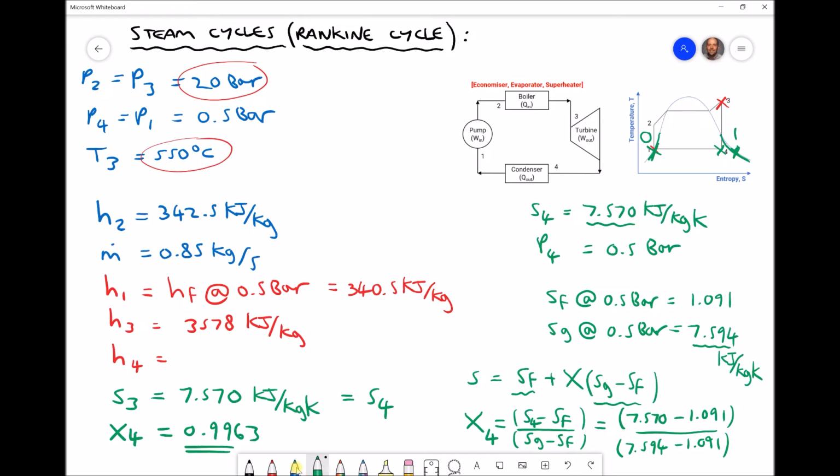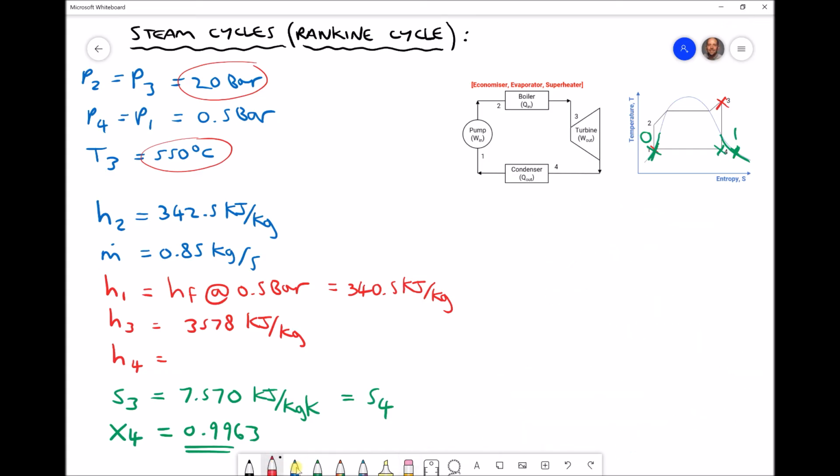Okay, let's clear some space and then we can determine H4. So the formula that links enthalpy and dryness fraction is as follows. H equals HF plus X times (Hg minus HF). This time we're looking to determine the enthalpy at position 4, so we use our dryness fraction at position 4.